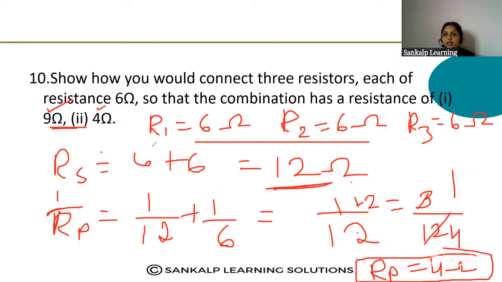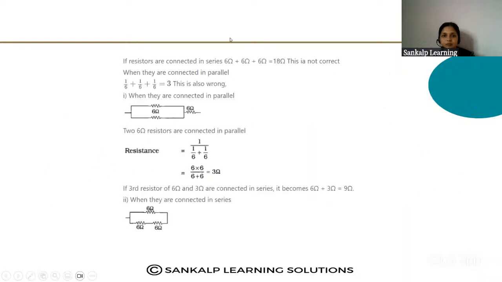So what connection do you have to make to get the 4 ohm? Two resistors in series and one resistor in parallel. So this is how to solve this question. When two resistors are connected in parallel and one is connected in series, you get 9 ohm, and when two resistors are connected in series and one in parallel, you get 4 ohm. Okay, so you will get the answer.